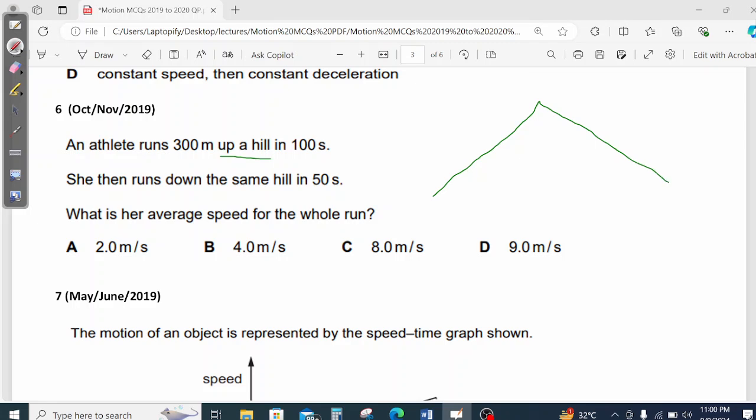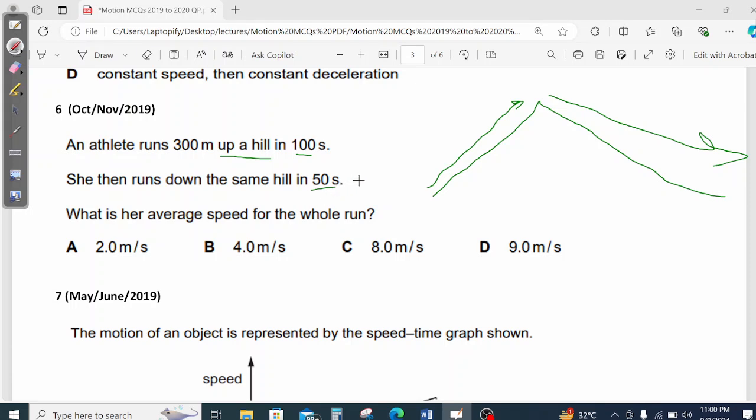The athlete is moving and covers 300 meters in the upward direction in 100 seconds. Then when moving downward, she again covers the same distance, 300 meters, and it takes 50 seconds.